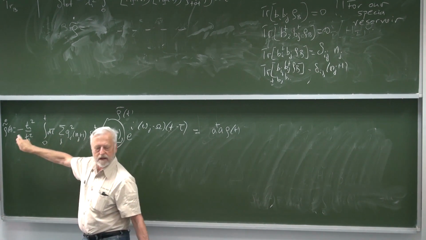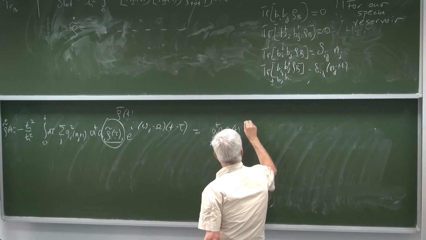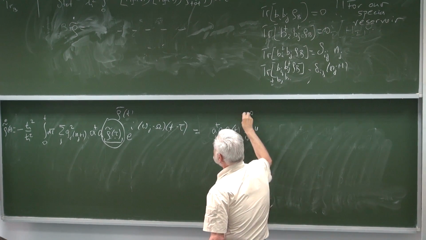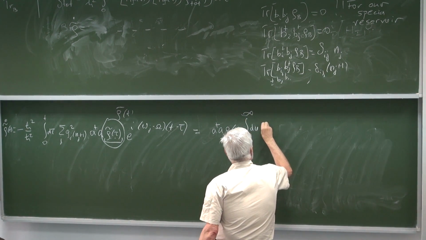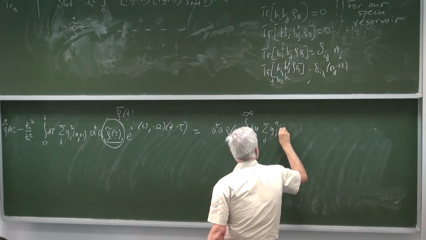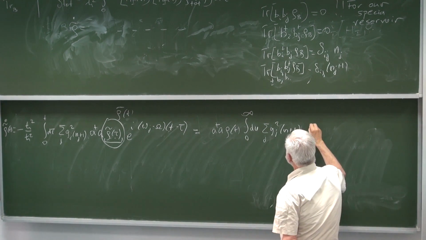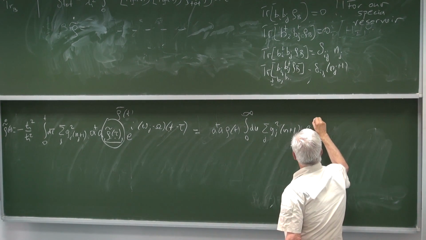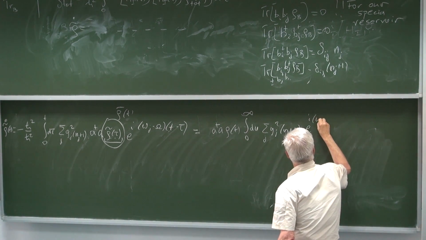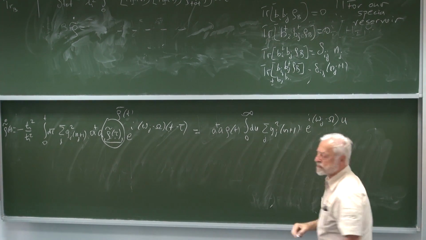And that will cancel against this minus. H bar squared also cancels. So this is, say, du from 0 to infinity, sum over j, g_j squared times n plus 1 times e to the i omega_j minus omega times u.